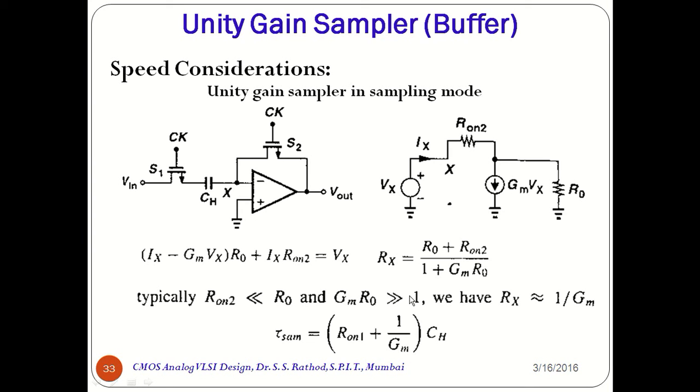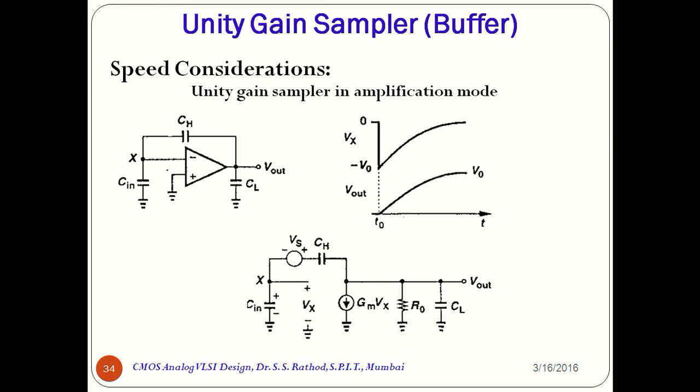That means Gm R0 will be very high as compared to 1, and therefore Rx, that is Vx by Ix, will be nearly equal to 1 by Gm. Thus the sampling time you can say is the resistance of the switch plus Rx, that is 1 by Gm, times the holding capacitor Ch.